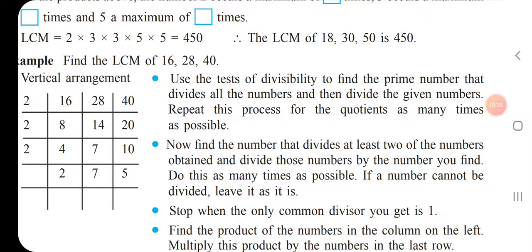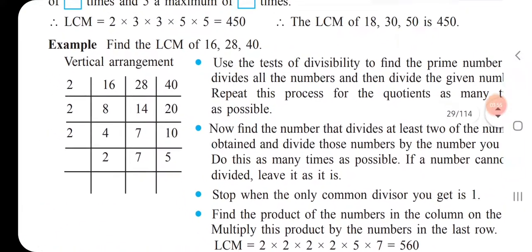Do this as many times as possible. If a number cannot be divided, leave it as it is. Then stop when the only common divisor you get is 1. Lastly, find the product of the numbers in the column on the left. Multiply this product by the numbers in the last row.